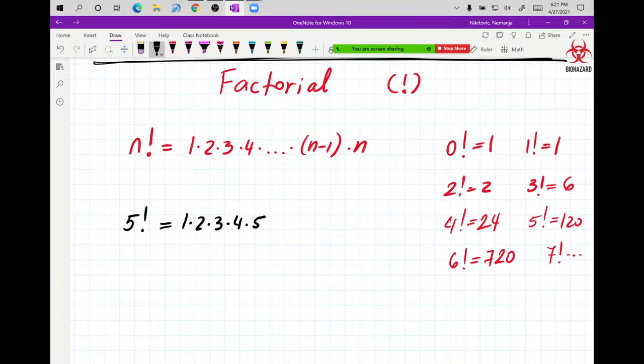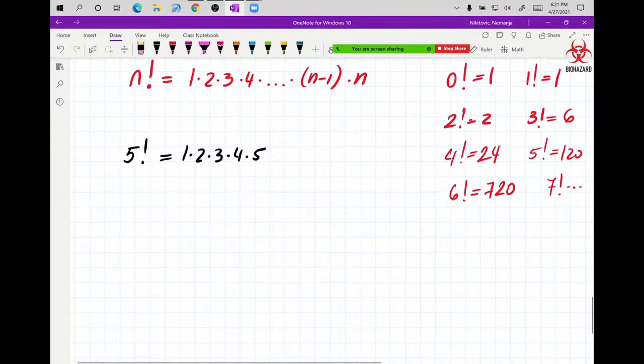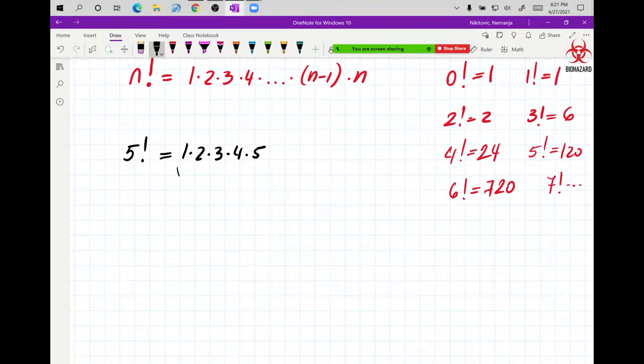Now, which way am I obtaining these values? From 1 factorial, I take the answer and I multiply it by 2 and I get 2. Then I take this 2 and multiply by 3 to get 6. And I take 6 and multiply by 4 to get 24. And then 24 by 5 to get to 120, and so on. That just tells us, and we can also see it from here, that this is 4 factorial times 5.